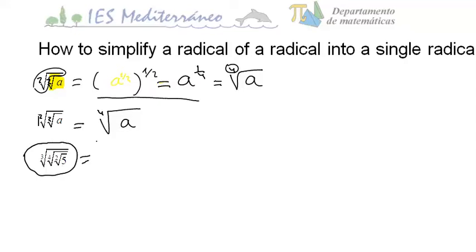Okay, did you do it? Simple. 3 times 4 is 12 times 2 is 24. The 24th root of 5. Okay, so easy. Now let's move into something a little bit more complicated.